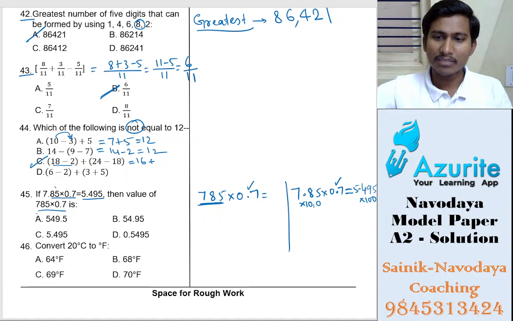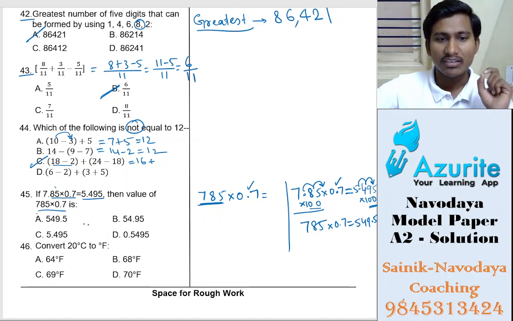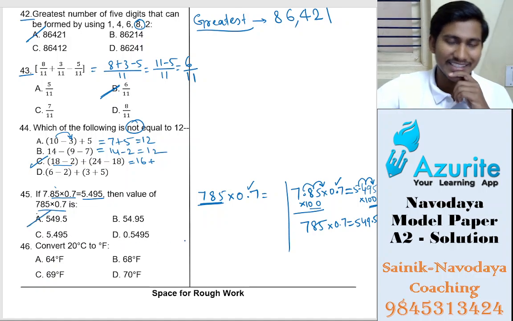So if you multiply with 100, for 2 zeros the point will shift, so it will become 785, and then into 0.7 is equal to, here if you multiply with 100, here also we have to shift 2 points, that is 549.5 will be the answer. What? 549.5. Which option? 549.5, option A is the answer.